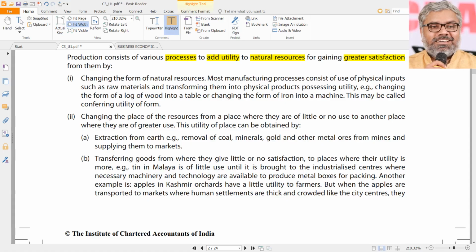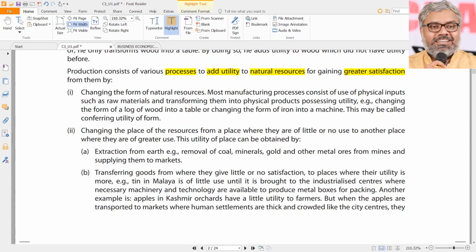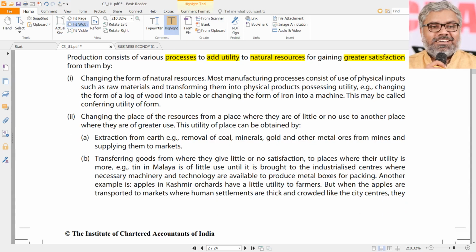Naturally, in their raw form, nature may not have any much usefulness, but after the production process is done, after the resources are transformed, they will definitely generate greater satisfaction. That's what this means, and what kinds of utility it will generate.